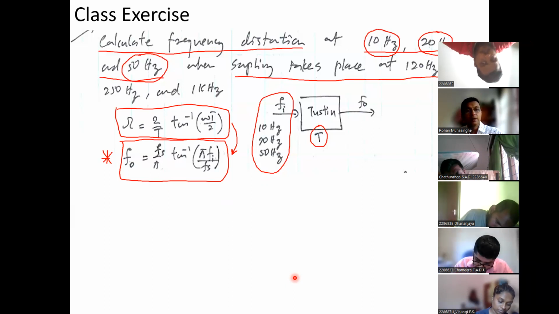Unmute your mics and tell me your answers. What is it for 10 hertz?